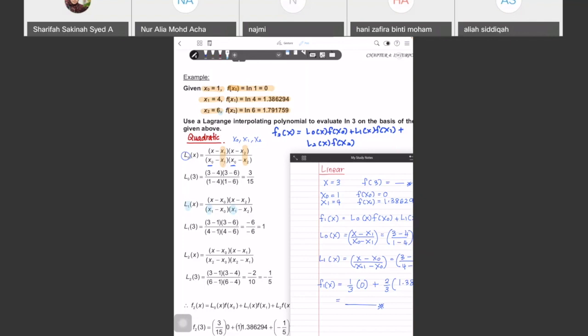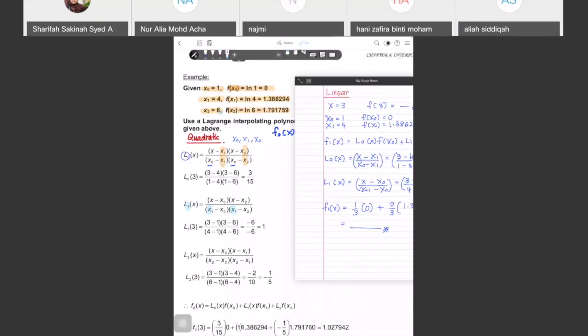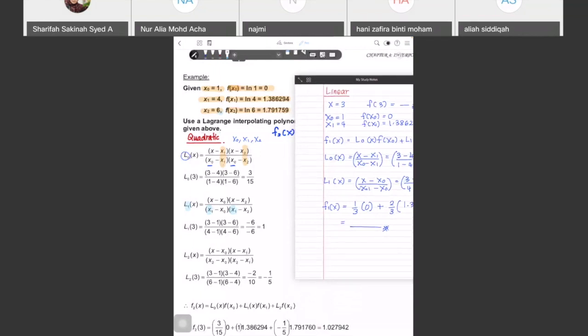We start with x1 minus x naught, and then actually we have x1 minus x1, but it becomes 0, so we exclude it. That's why you have only 2 items. So we start with 0 and then 2. Put all the values, and finally you get L1 equal to 1.